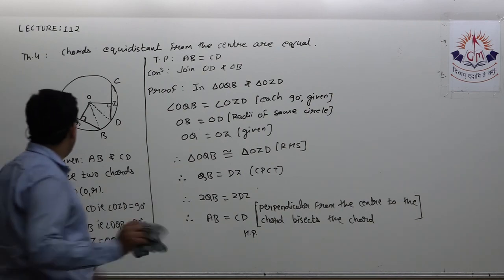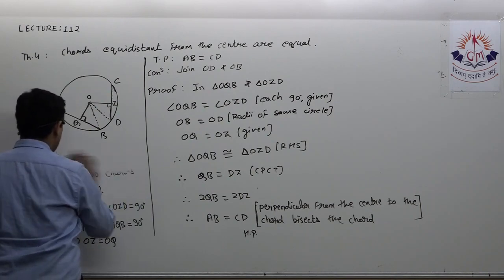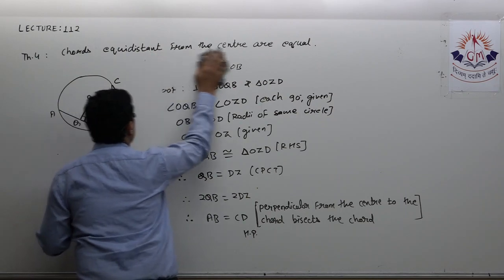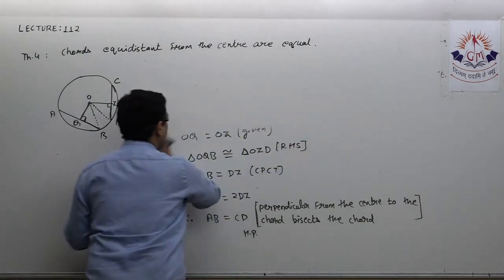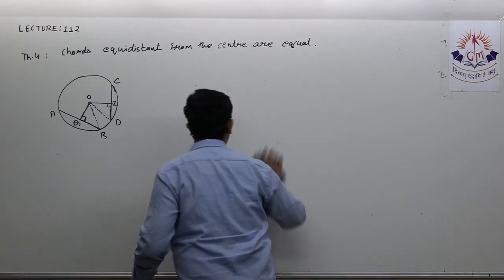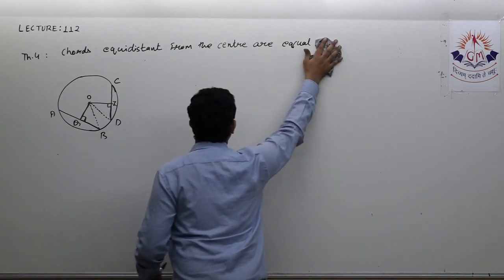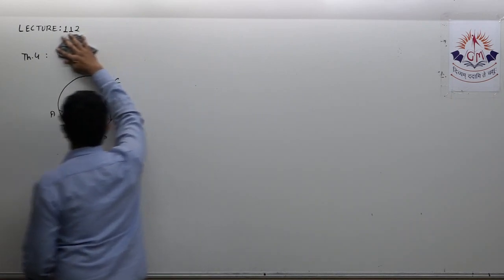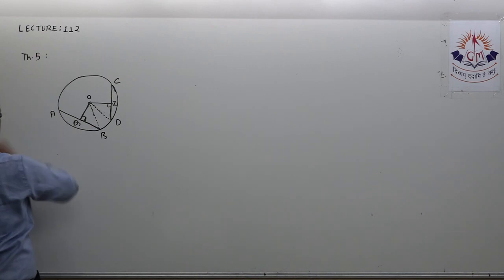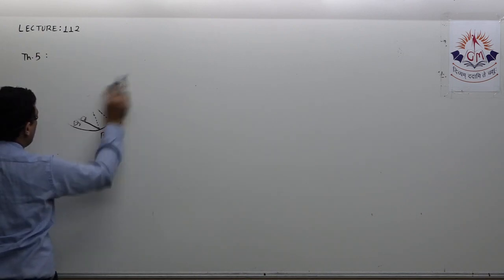Okay, so next is theorem number 5. Theorem number 5 says equal chords of a circle subtend equal angles at the center.